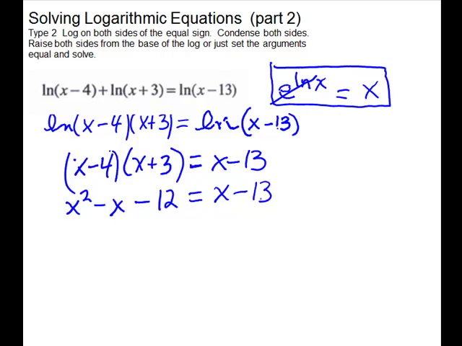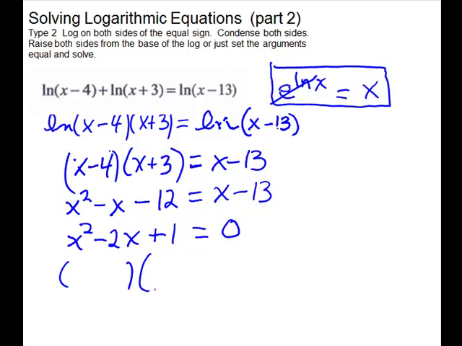You need to get a 0 on one side, so you want to get rid of these terms. So I'm going to subtract an x. I have minus 1x already. If I subtract another, I'm going to have minus 2x. I'm going to add 13 to make this cancel. Add 13 here, it's going to give me a plus 1.